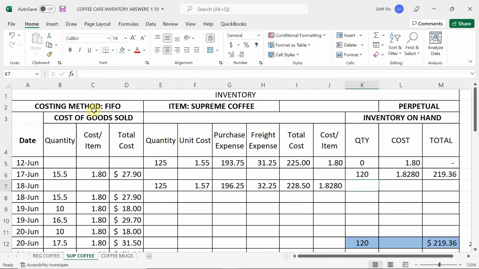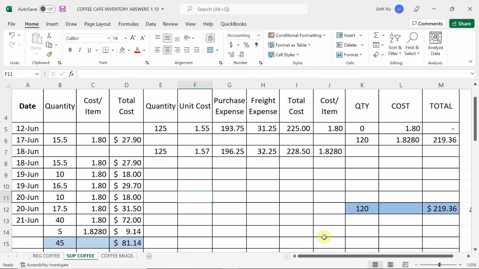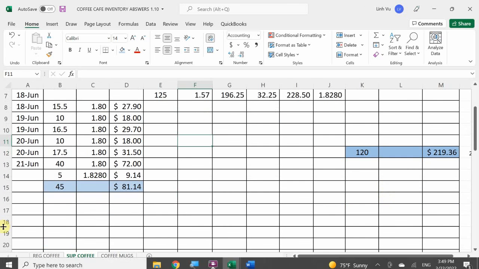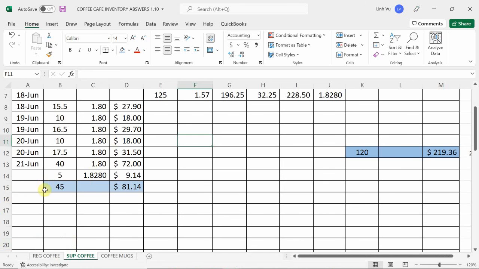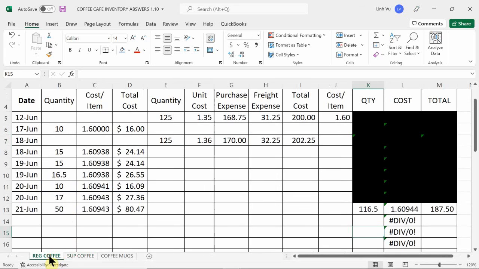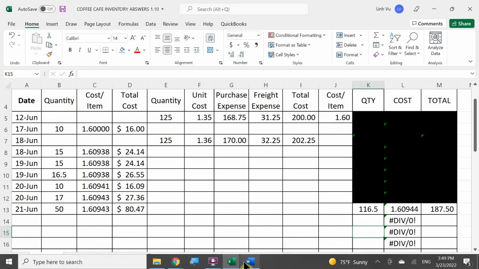Okay. So that means I should have left in my inventory 120 pounds at $219.36. Okay? So for Supreme Coffee, it cost me $81.14. And for my regular coffee, it cost me $80.47.